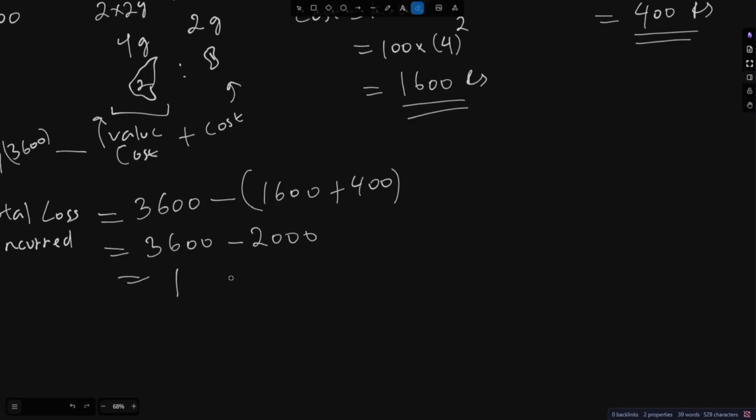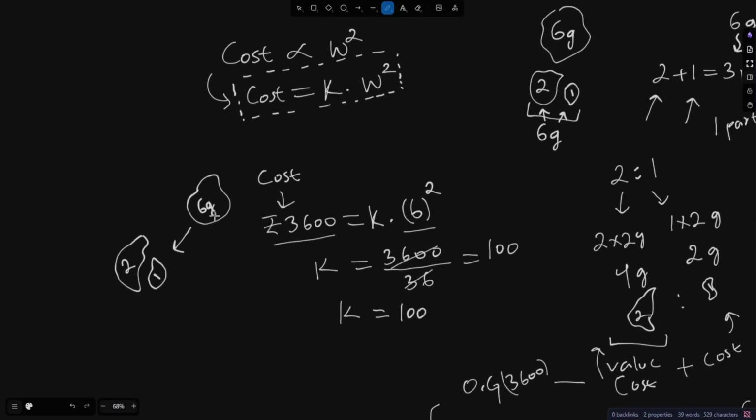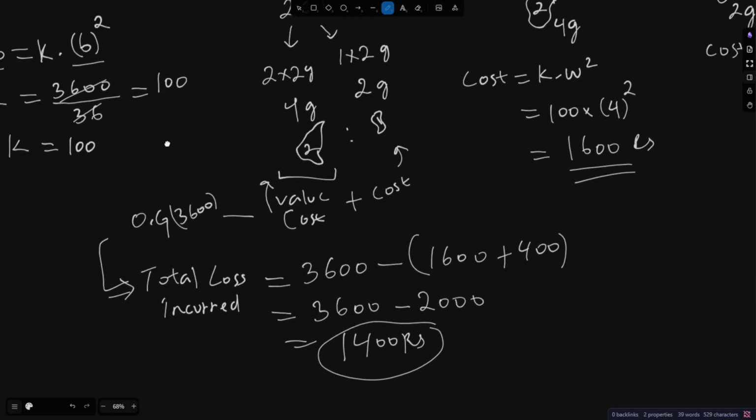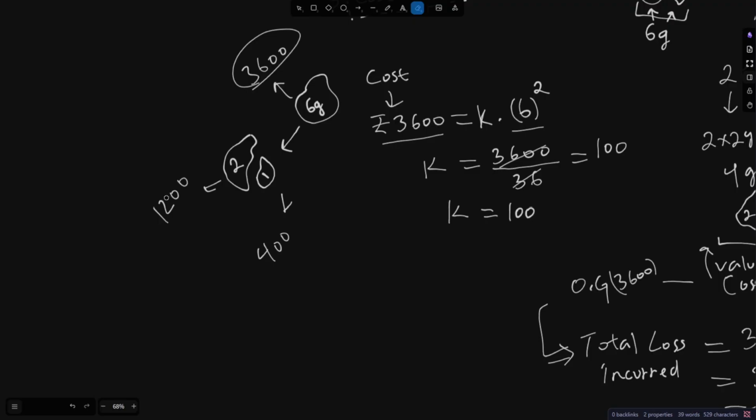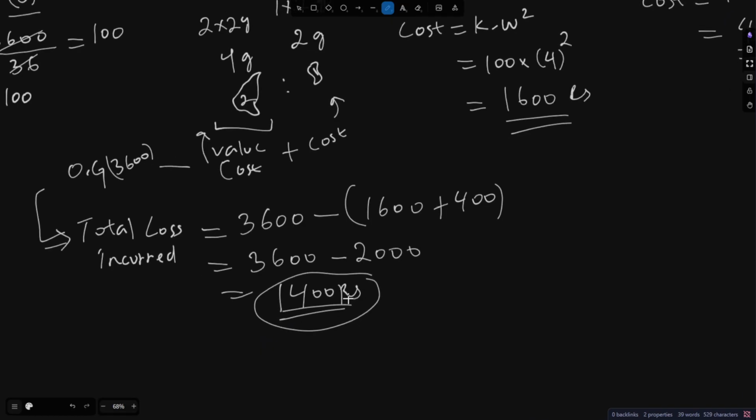Oh, sorry, 1,400. So 1,400 rupees is the total loss incurred when this rock breaks. As a 6-gram rock, its value is 3,600, but when it breaks into two parts, its value goes down. And because of that, 1,400 rupees is the loss, and that's our answer.